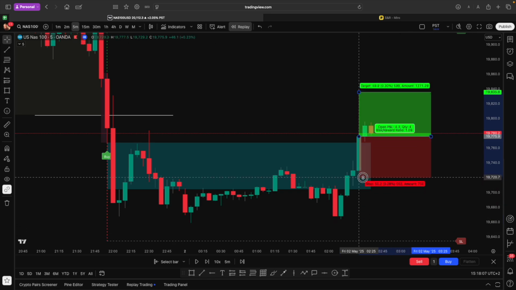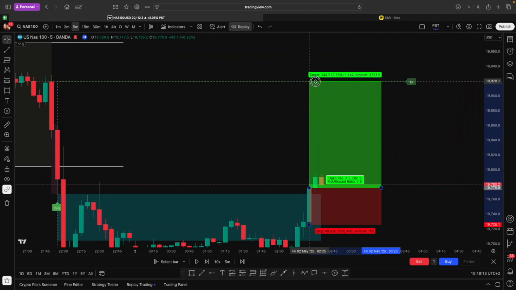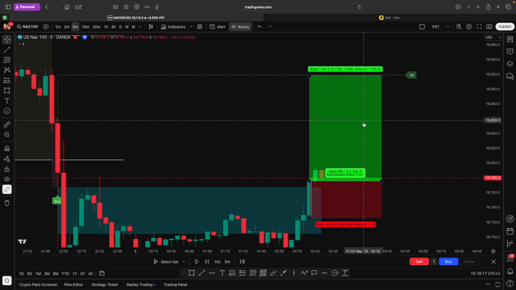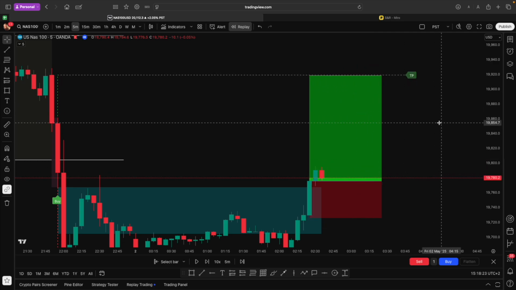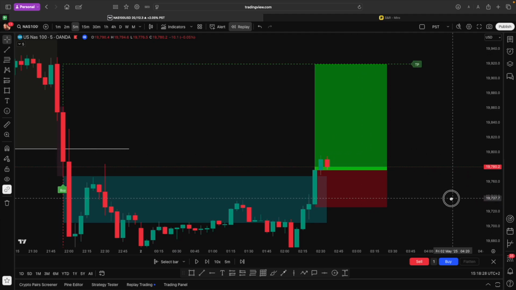That's pretty big. So let's go safe: put a 500 pip stop and target the given TP that the indicator gives you, and your risk to reward is 2.87. So it's 1,400 pips that you can gain against a 495 pip stop loss.